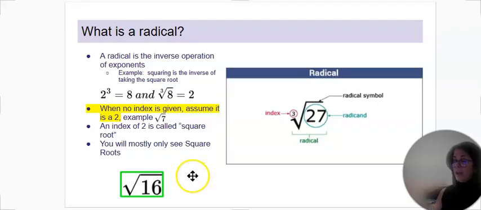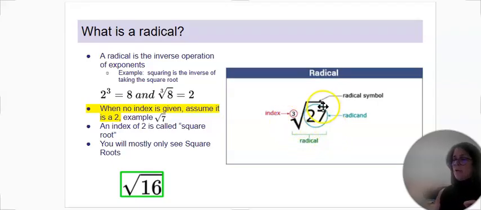It's asking what times itself 2 times gives you the number under the radical. The number under the radical is called the radicand. So the index is how many times something gets multiplied by itself to give you the radicand.